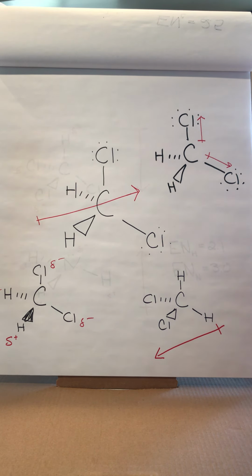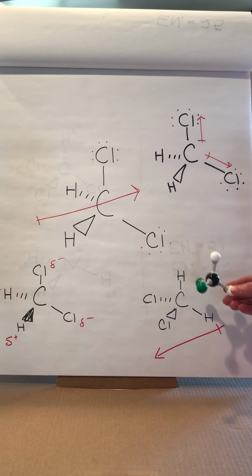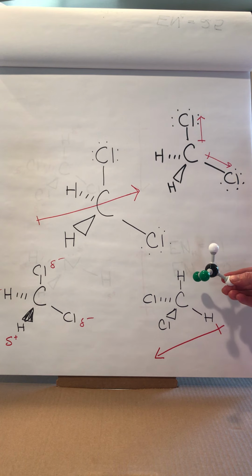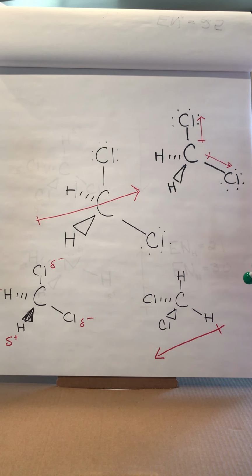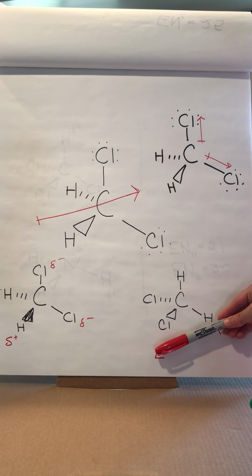Now what happens if instead of drawing the molecule like this, we draw the molecule like this? Well, that means that the dipole moment will point in another direction, but it will still point between the two chlorines like that. Now you see I've drawn the net dipole moment off to the side.